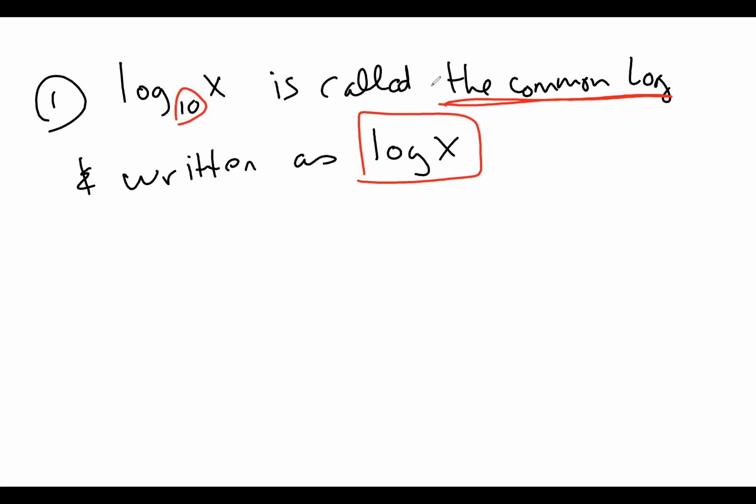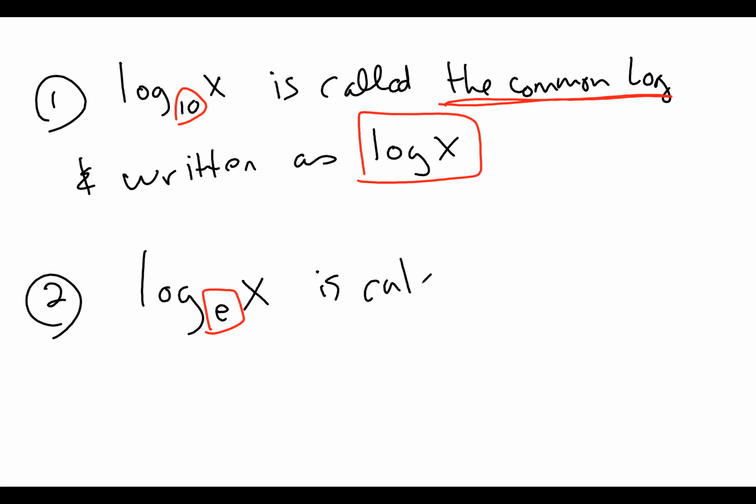Now, on the other hand, there's a second type of log, which my guess is maybe you've never seen. If we have log base e of x, and remember from the other day, the letter e is a button on your calculator. It's not a variable. It's an actual number on your calculator. So if we see log base e of x, this is called the natural log.